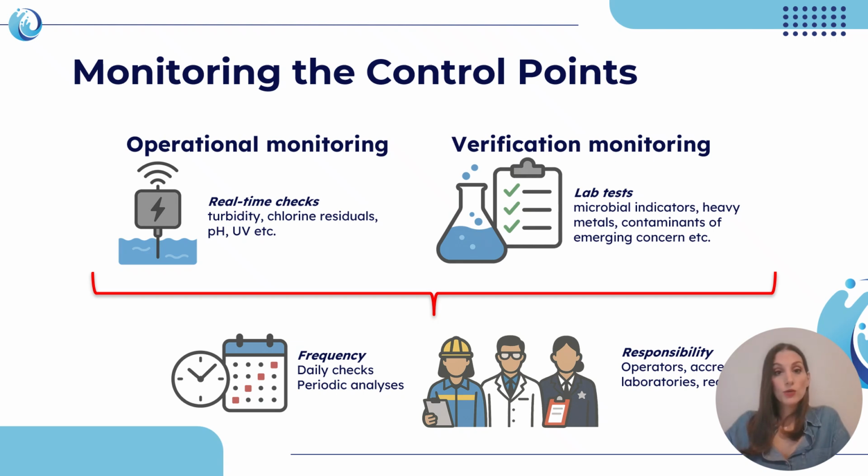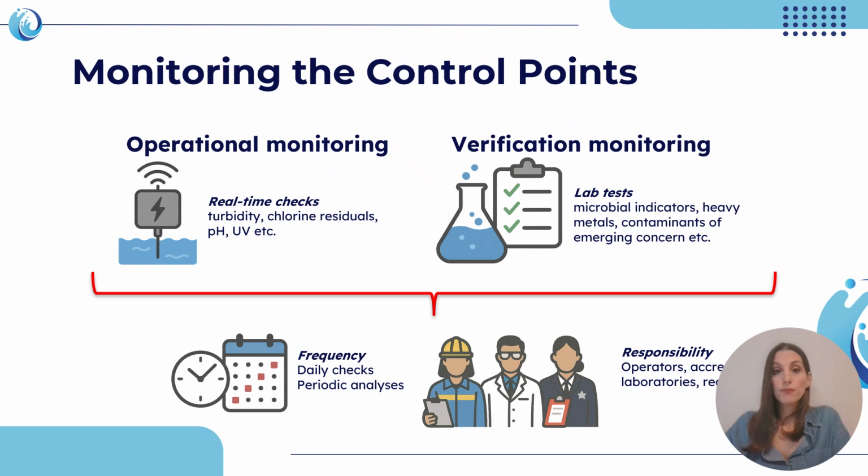This includes measuring parameters such as turbidity, chlorine residuals, pH, or UV lamp intensity. Verification monitoring provides an independent check, usually through laboratory testing. It focuses on microbial indicators like some pathogens or on the presence of heavy metals and contaminants of emerging concern.